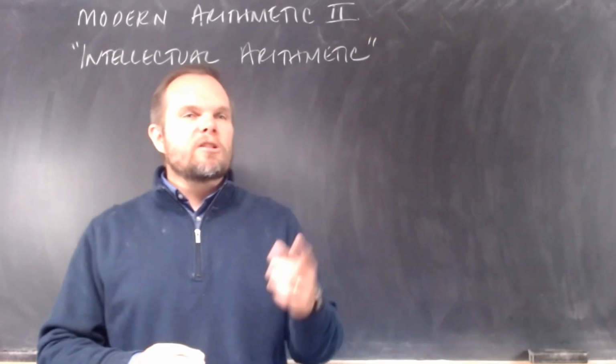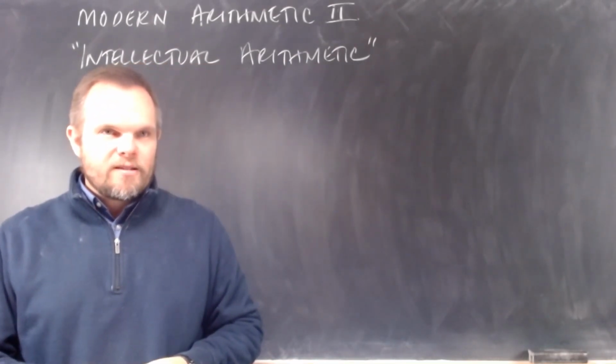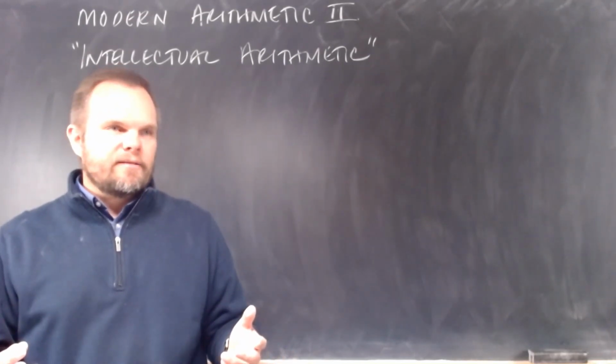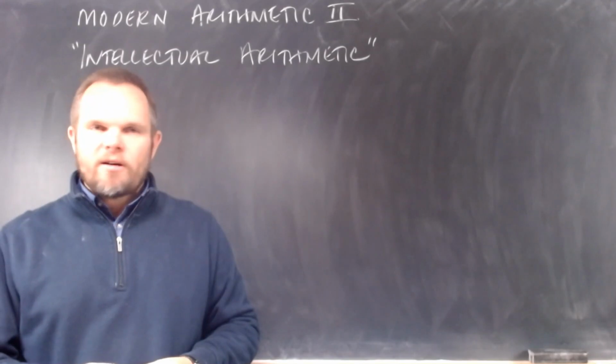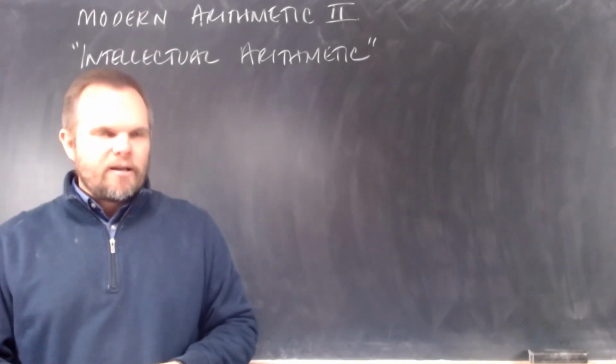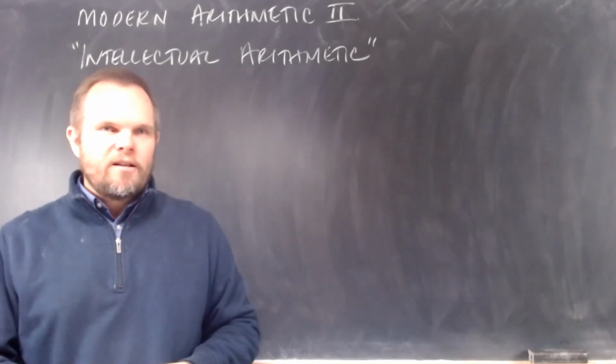That's the hard part. 29 and 8 are 37. Why? You didn't memorize 29 plus 8. So how are you going to give the solution? You have to think about how to solve this problem.